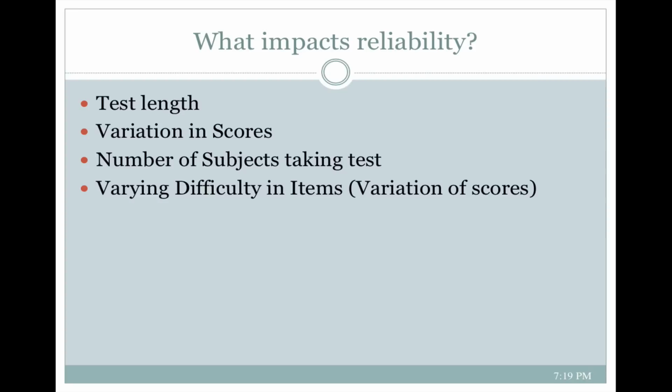Similar to the test length question, the number of subjects taking the test also has a large influence on internal consistency. If we have 3 students, for example, who take a test, imagine that they get 3 different scores. Well, if they happen to be 3 very bright students, then we're going to have an unreliable estimate that would make us believe that all students would do very well.